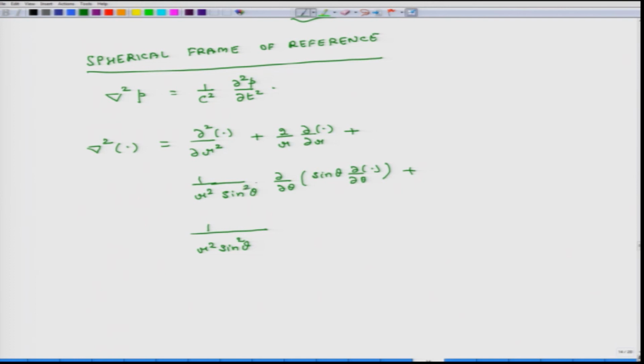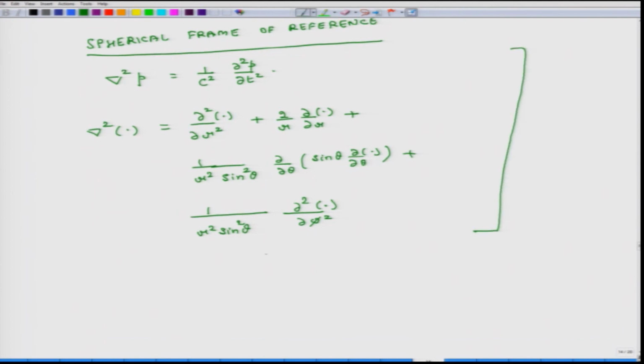There should be a sine square here, yeah. And this is del square by del phi square. So, this is the spherical frame of reference. Okay. So, this covers our wave equation.